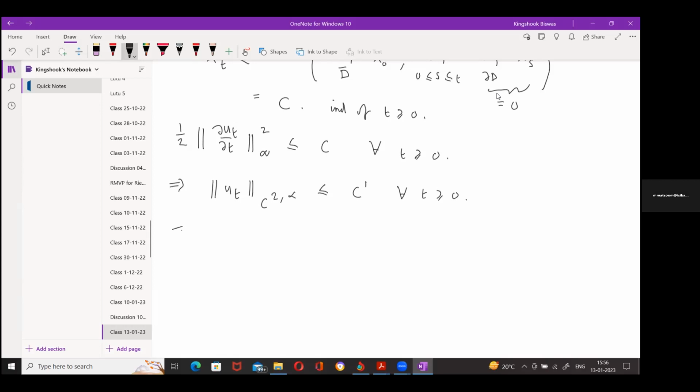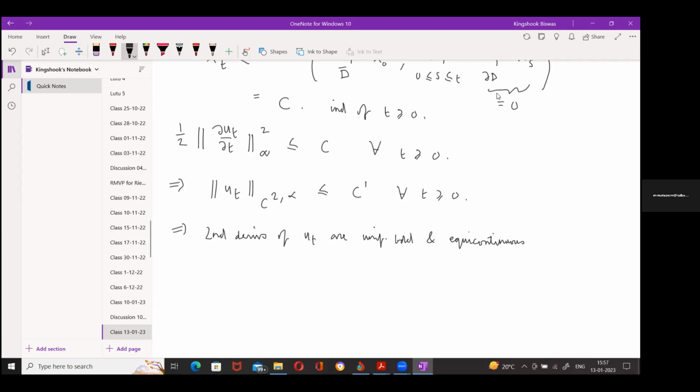So the second derivatives of UT are uniformly bounded and equicontinuous, because they're uniformly alpha Holder. Is that clear? So therefore they converge.